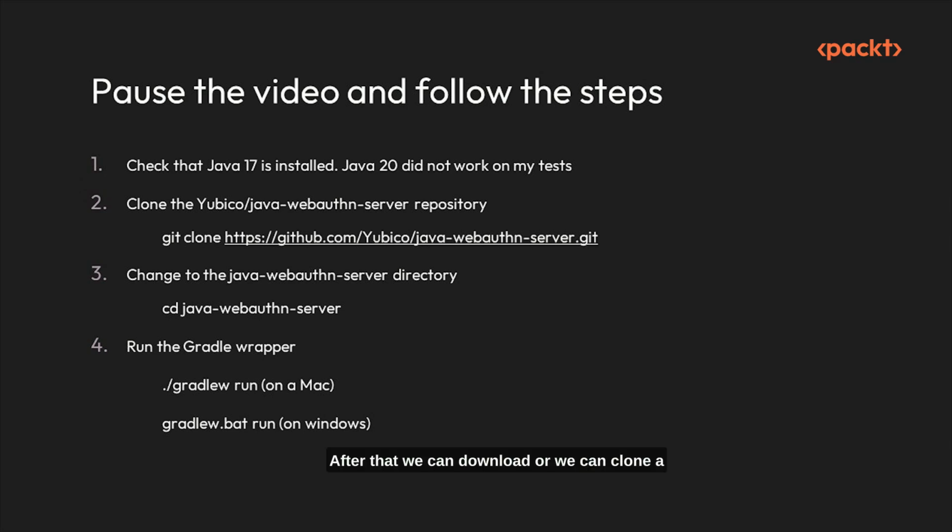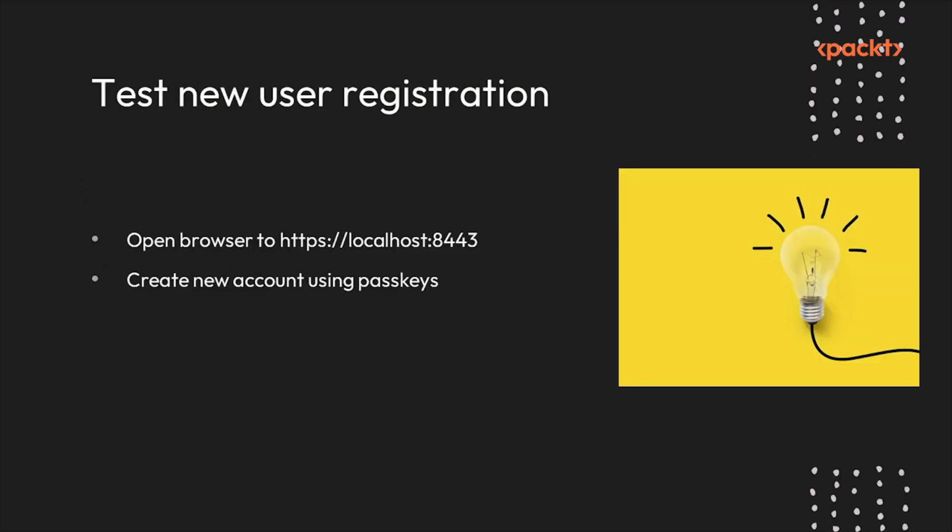After that, we can download or clone a copy of the repository that we're going to use, change to the directory that we created, and then run Gradle so that we can run the server. When that is finished, you can open your browser to localhost 8443 with HTTPS, and you can start testing new user registration using passkeys.